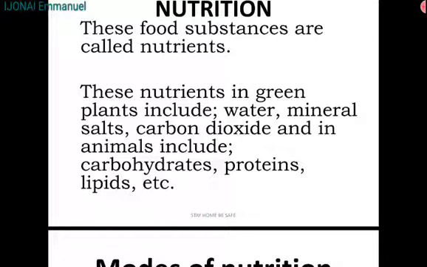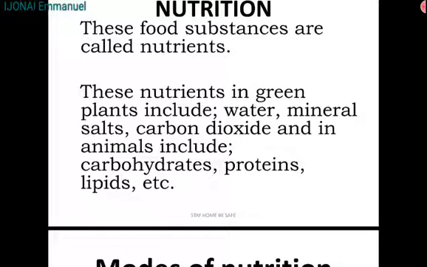These nutrients are used to facilitate the body processes we mentioned earlier. So the nutrients are very important because they enable the continuous functioning of our bodies to take place.